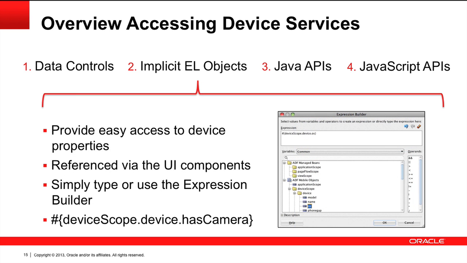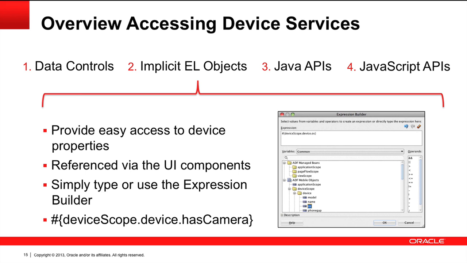Now, one of the issues that you will hit across different types of devices is that you don't always have the services available. As example, on some Android phones, they don't actually have cameras available on all those different devices. So you may need to, in your page, include logic to say, well, you can't take pictures if no camera is available. So you can do that through what's called the device properties, and we provide EL or expression language access to those device properties to actually determine, well, has it actually got a camera?